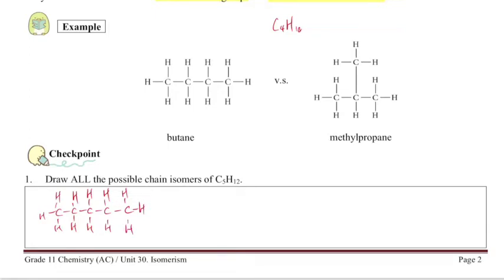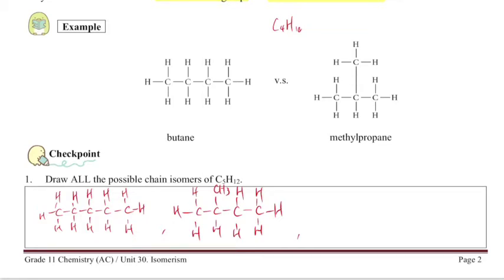And then we can move one of the methyl groups to a branched position. That will give us the second possible way to arrange those atoms. Here, let's put one of the methyl groups here. For this molecule, the molecular formula is again C5H12, but we have one methyl group at the branch. So it's a chain isomer of the first molecule.